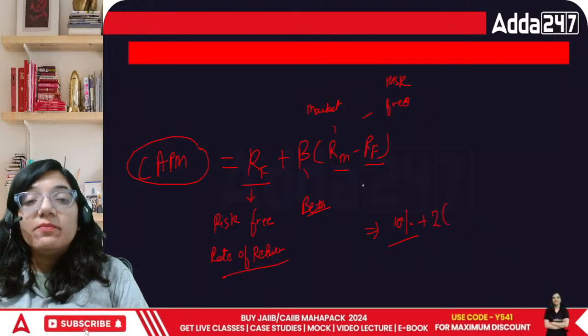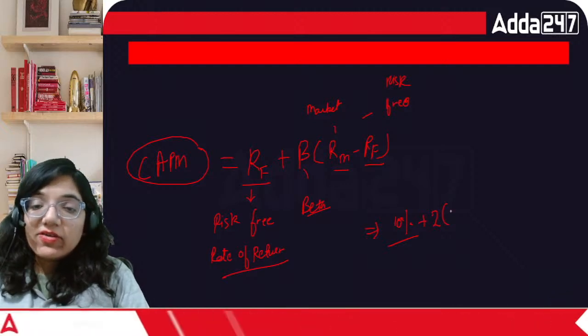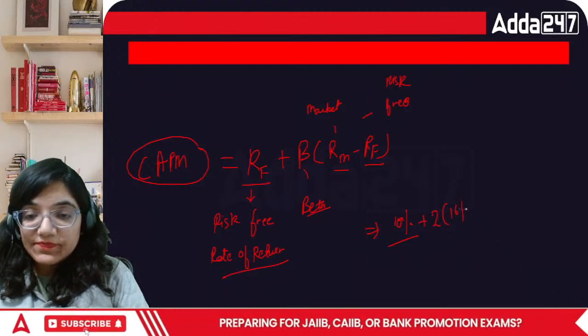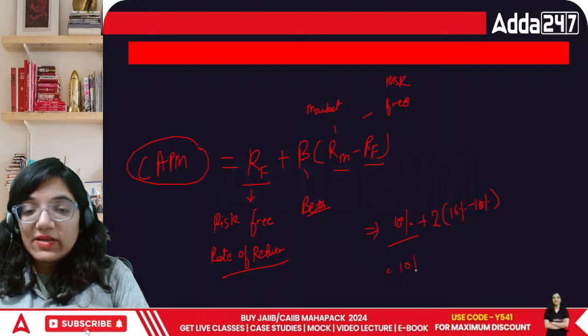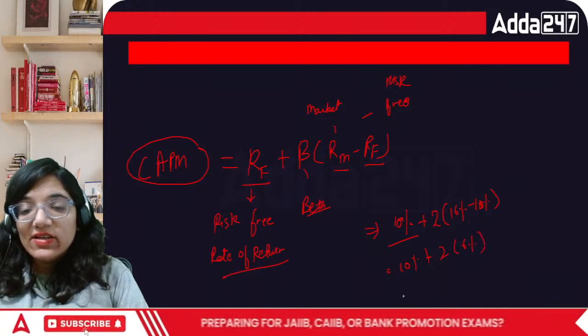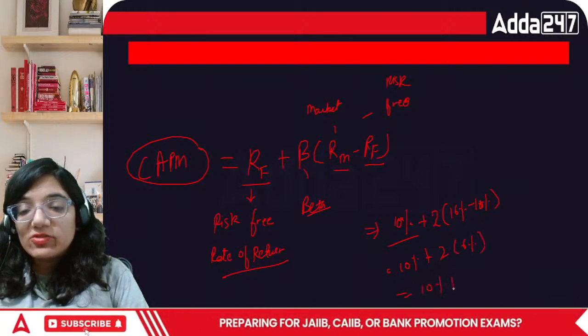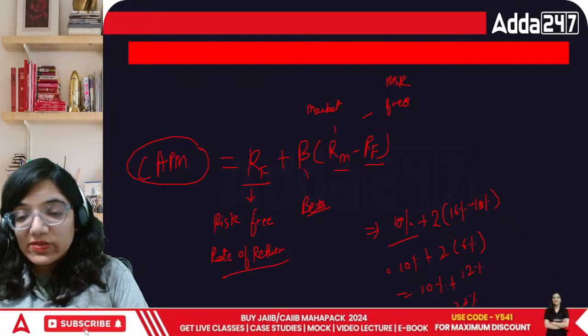The market rate always includes a risk area, and right now it is at 16%. 16 minus 10%, so it is 10% plus 2 into 6%, which is 10% plus 12%. It turns out to be an effective rate of 22%, everyone.